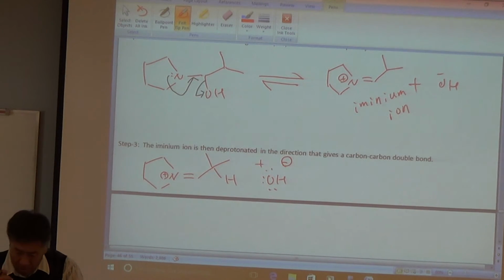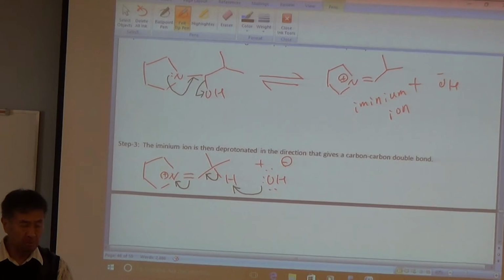Now you just use our usual electron arrow technique. So this comes here, grabs this H. And this electron moves onto the bond between carbon and carbon. And this electron will bounce back onto the nitrogen.